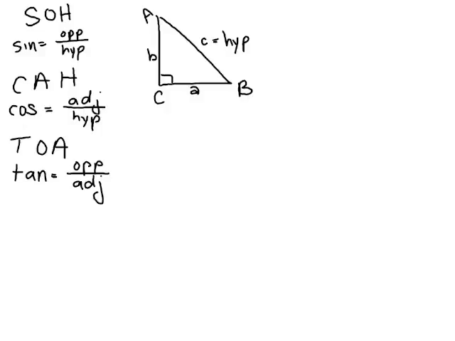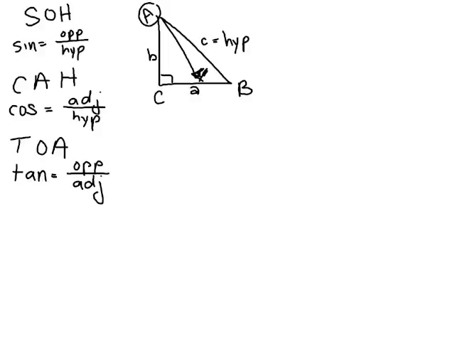Opposite means directly across the triangle. So from angle A, I go directly across the triangle. My side that is opposite of angle A is this little a side. Sorry, this gets from bad to worse. So the little a side is opposite angle A.